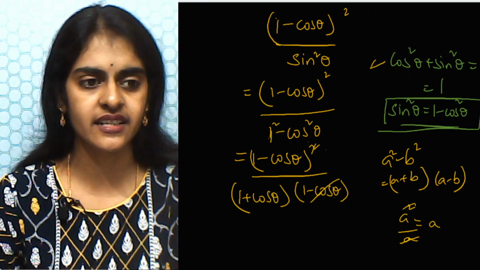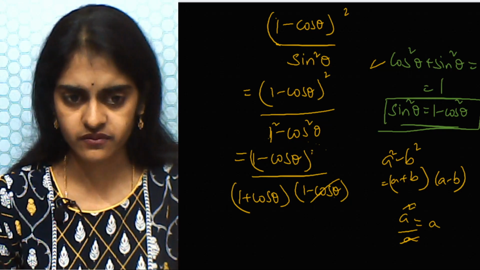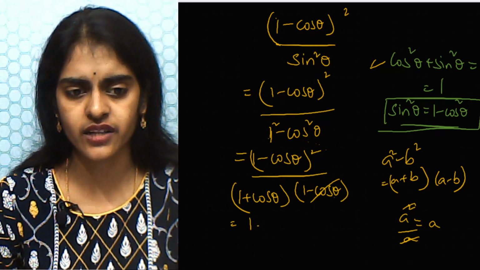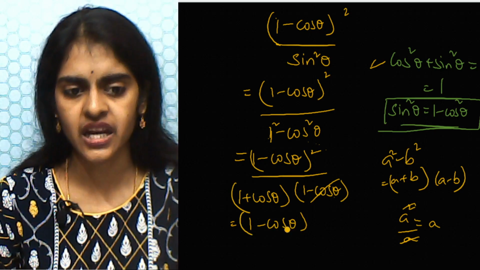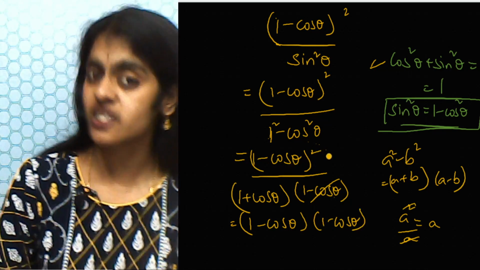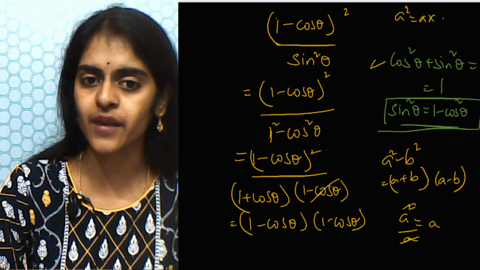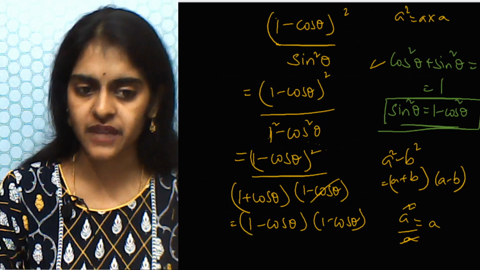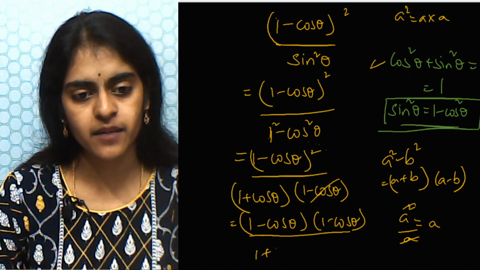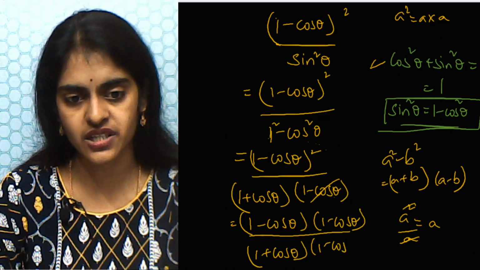Directly you can cancel, but if you want to take another step, a square you can write as a multiplied by a. So I'm writing it as 1 minus cos theta multiplied by 1 minus cos theta, divided by 1 plus cos theta multiplied by 1 minus cos theta.